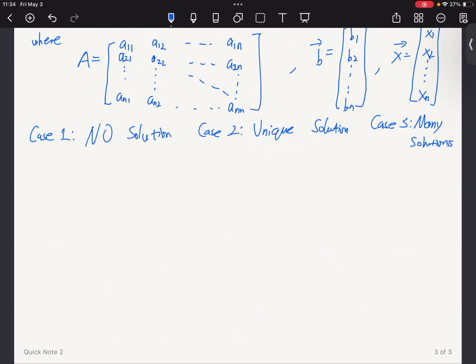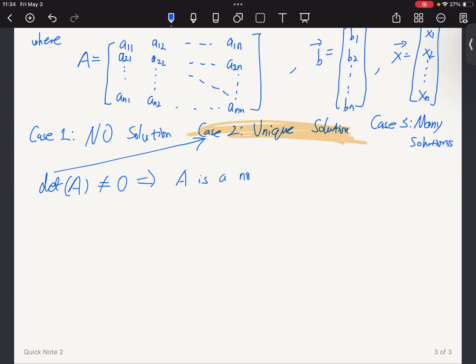So here we are focusing on case 2, unique solution. And from the linear algebra knowledge, what does it mean for case 2 for the matrix A? We already know that the determinant of A does not equal 0, which means that A is a non-singular matrix.